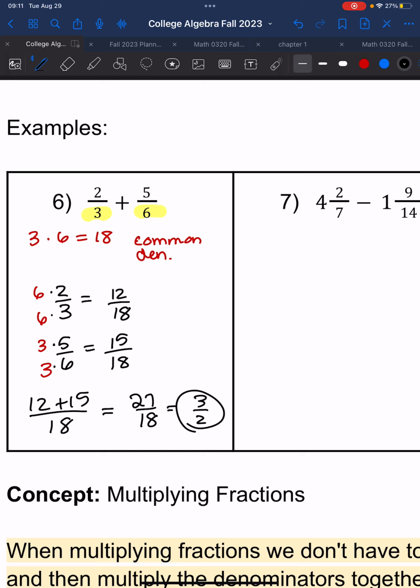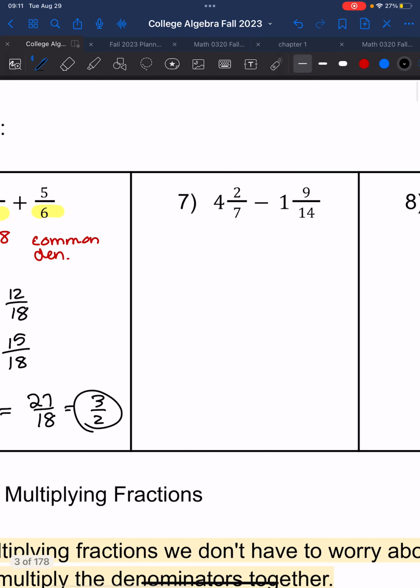And again, this was us doing this in a way that we did not know how to find a lowest common denominator. You would want to find the lowest common denominator so when you get to the end, you are not simplifying as much. So we're going to see that in number 7.